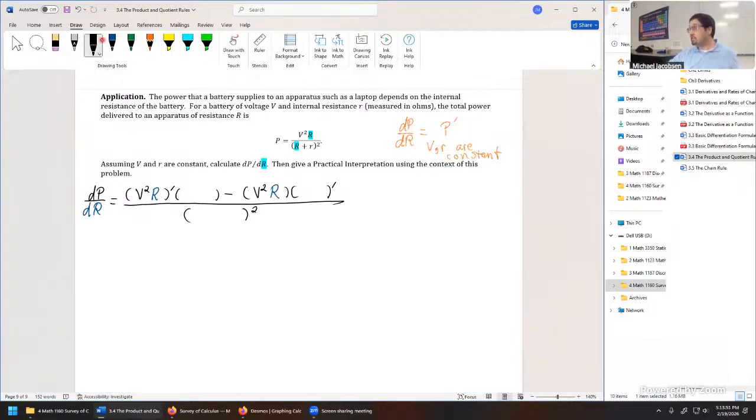Next, every other placeholder will be filled in from what the denominator was. So r plus R, power 2, will go here. R plus R, I need an extra set of parentheses, and power 2 will go here, and then we'll differentiate it.